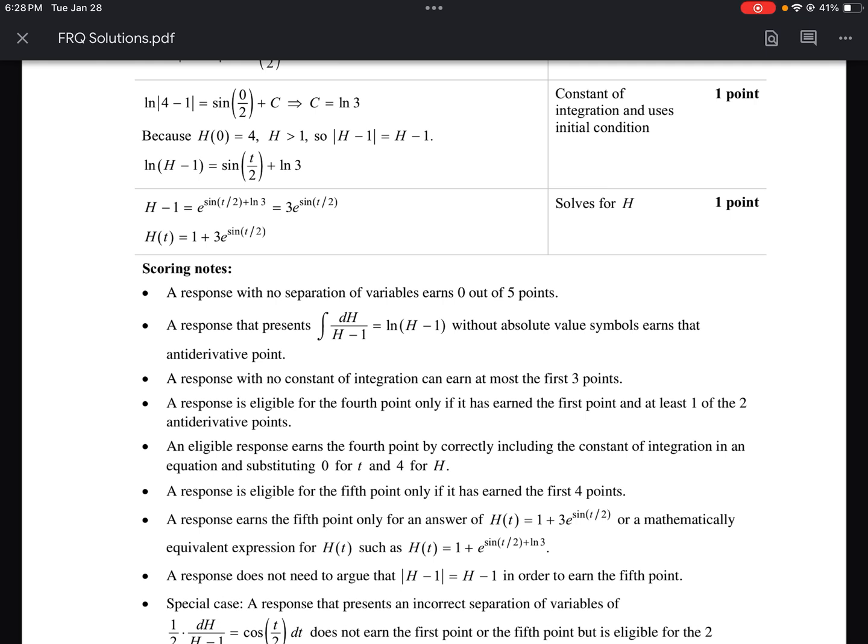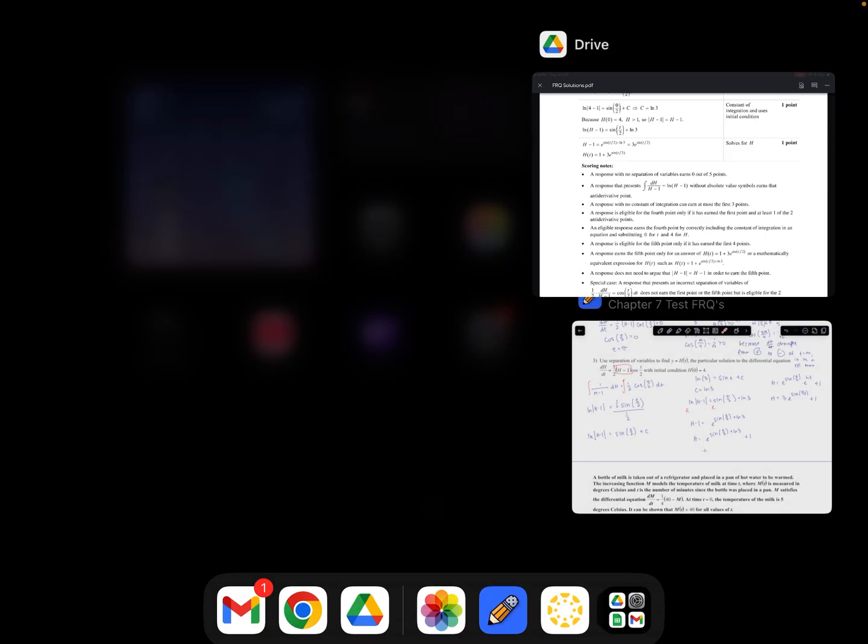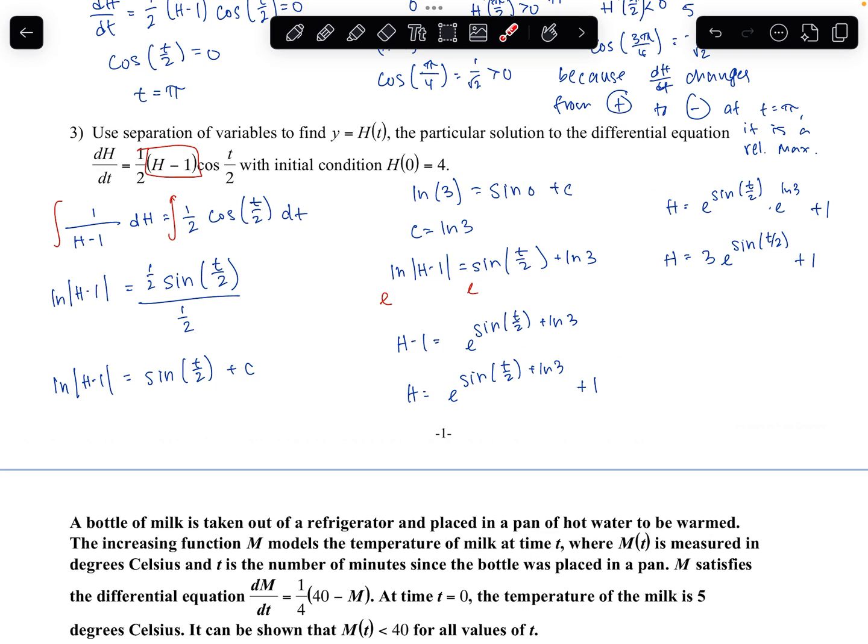A response that presents the antiderivative of dh as the natural log of h minus 1 without absolute value symbols earns that antiderivative point. So what they're saying there is that you don't have to use absolute value signs. If you use parentheses, or if you don't use those absolute value signs, then that's okay.